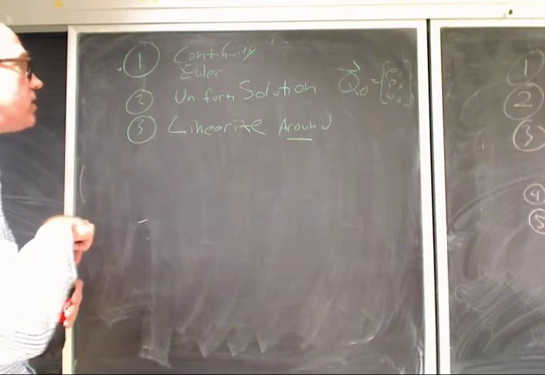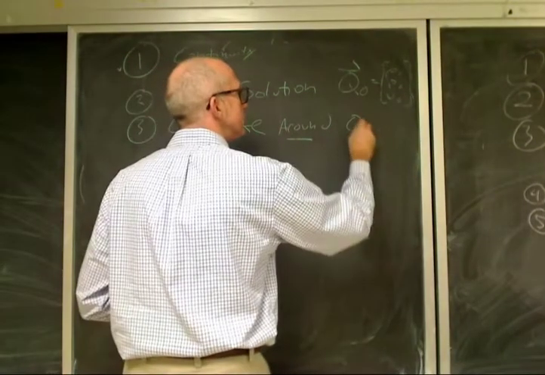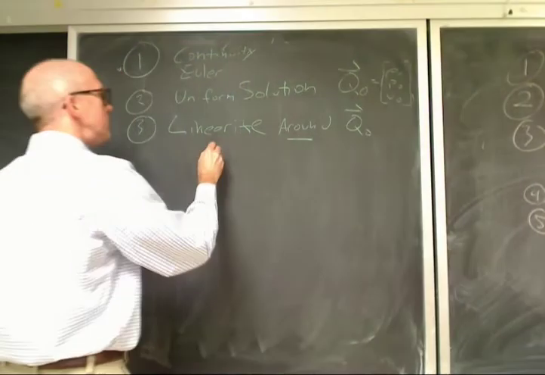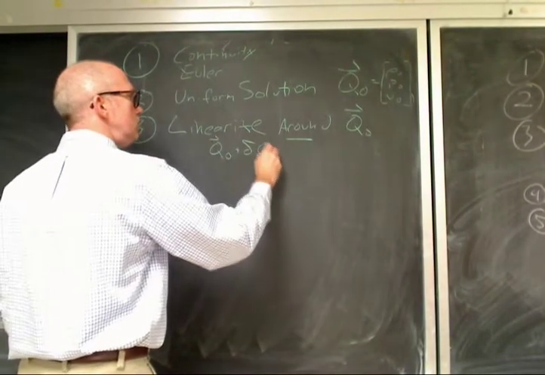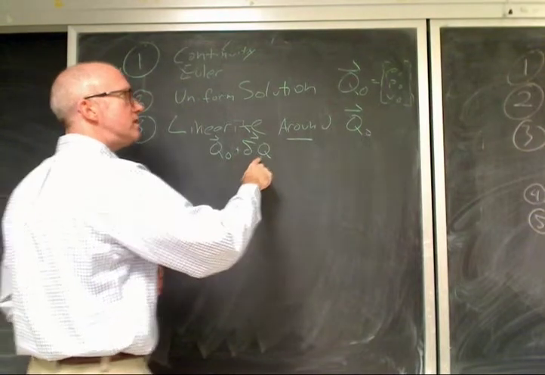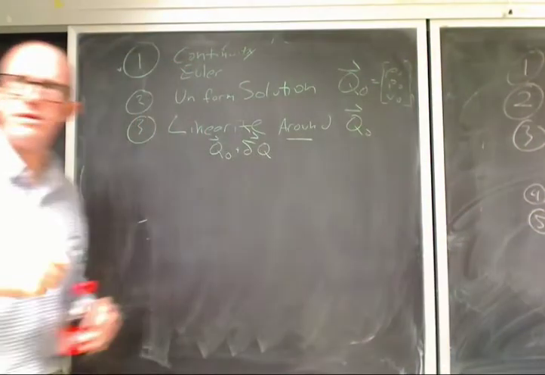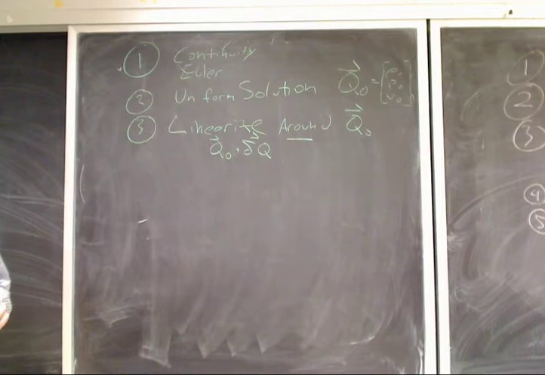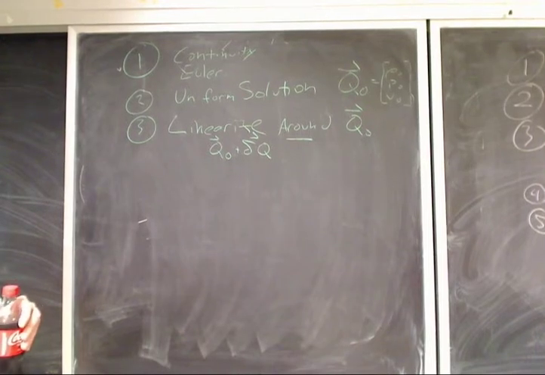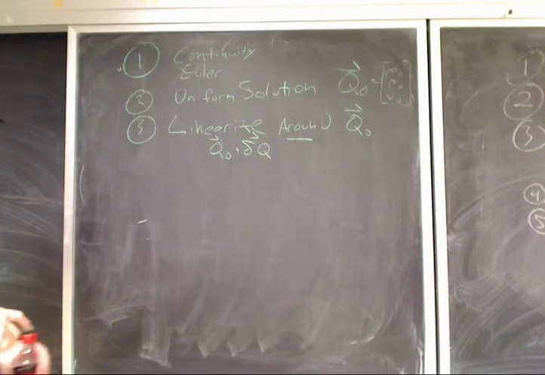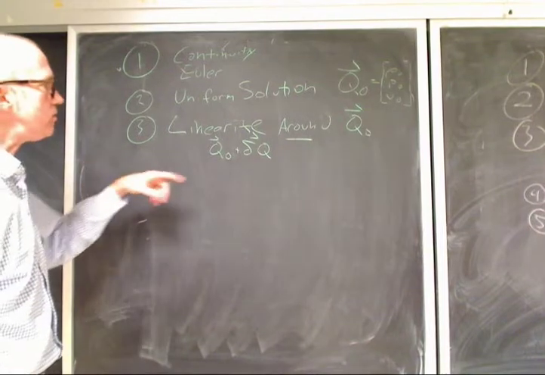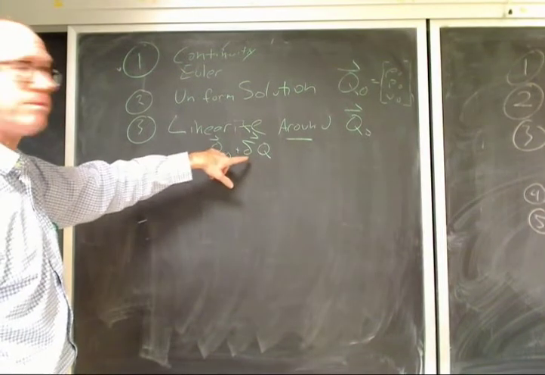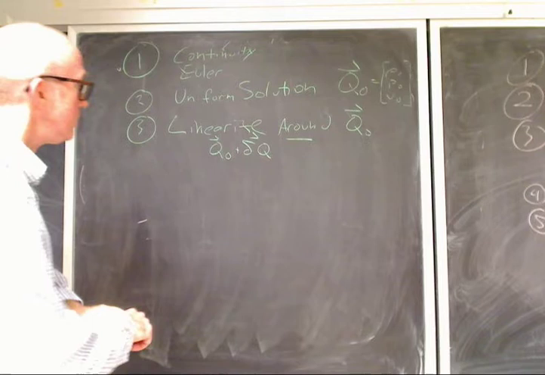So we linearize around Q naught by plugging in Q naught plus delta Q, where this is tiny little bits. I used Q1 the other time. I'm going to use delta Q now just to change up the notation, because you're going to see it all kinds of different ways. So I want you thinking about what the quantity is and not how I call it, because people will do this with Q naught, they'll do it with Q1, they'll do it with epsilon Q.